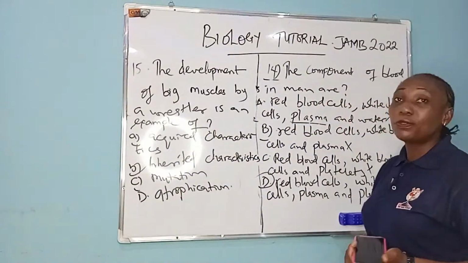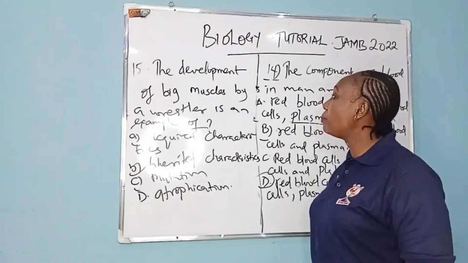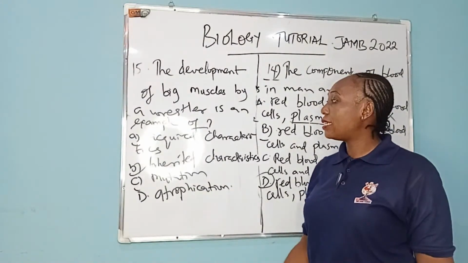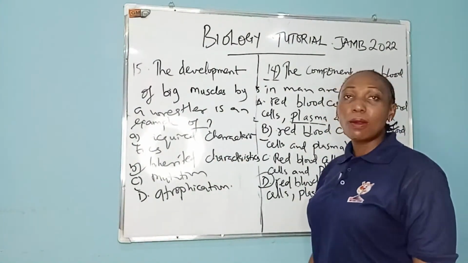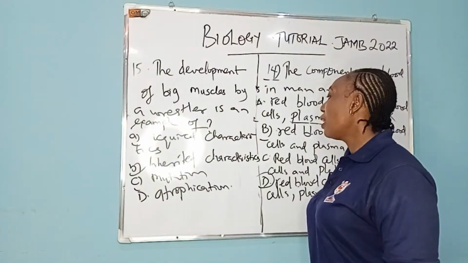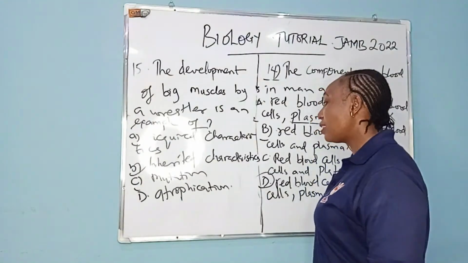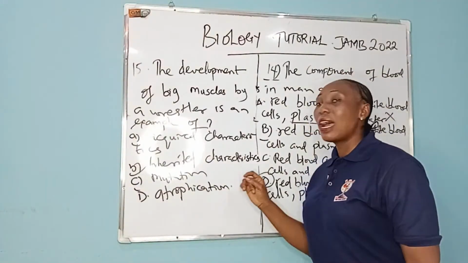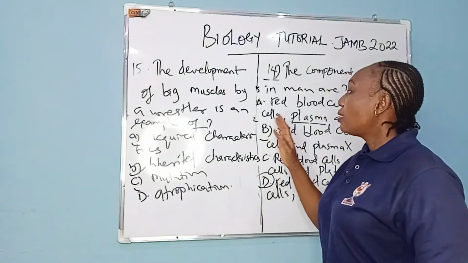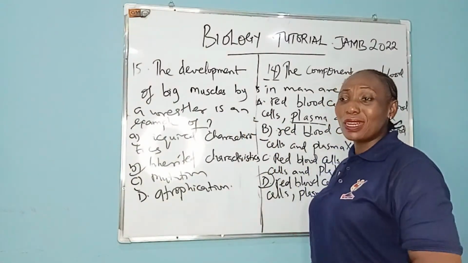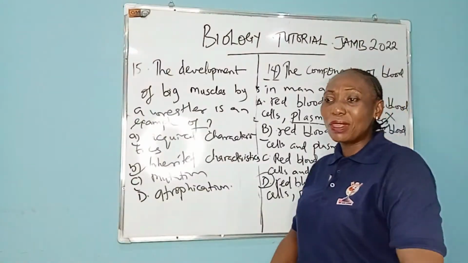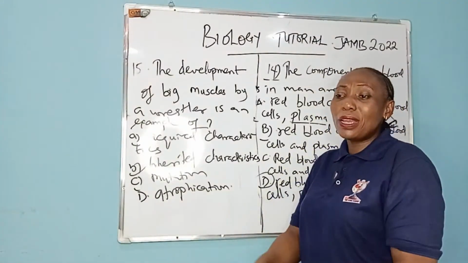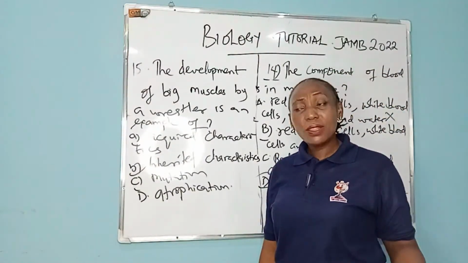Let's take question 15 again. It says the development of big muscles by a wrestler is an example of A, acquired characteristics, B, inherited characteristics, C, mutation, D, atrophication. You know, if you see the wrestlers, they have big muscles. They were not there from birth.